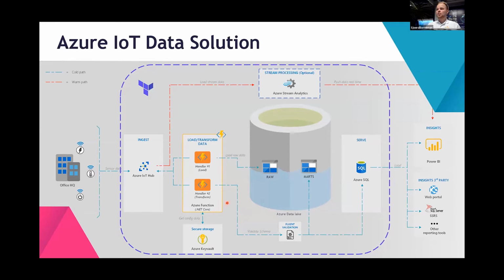After that, we are going to deploy an Azure Function App because we want to add some logic before loading the data in a data lake. Also, of course, we are going to deploy an Azure Key Vault because we want to store sensitive data in a secure manner. After that, we are going to create an Azure Stream Analytics job because we want to do some real-time analytics in Power BI, and Stream Analytics enables you to do that, and also to add some logic to the data if we want to.